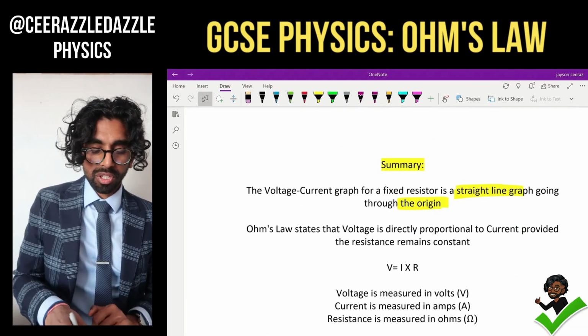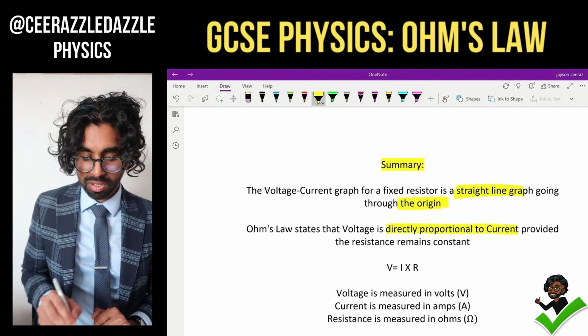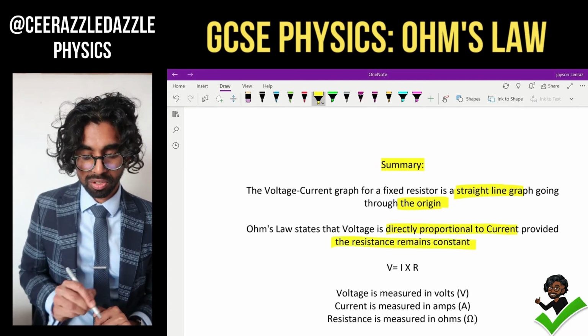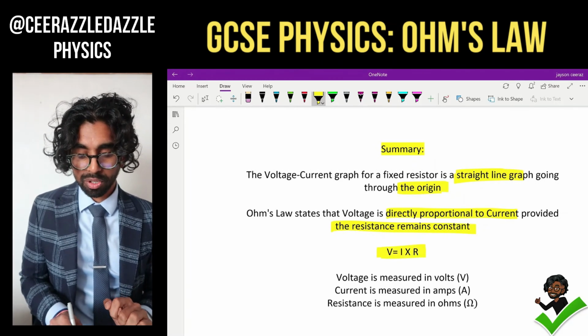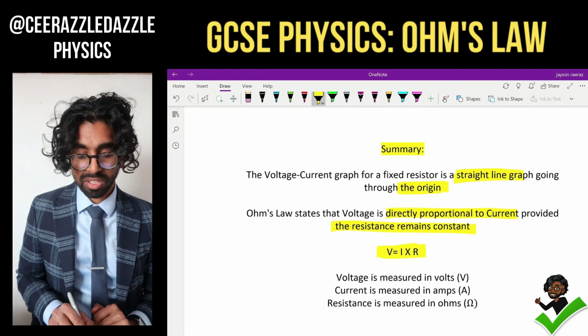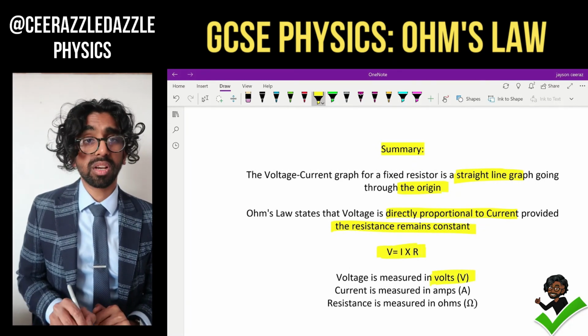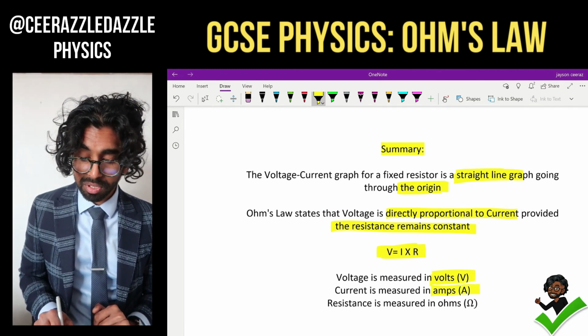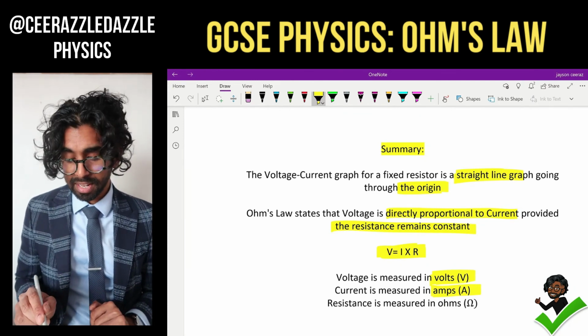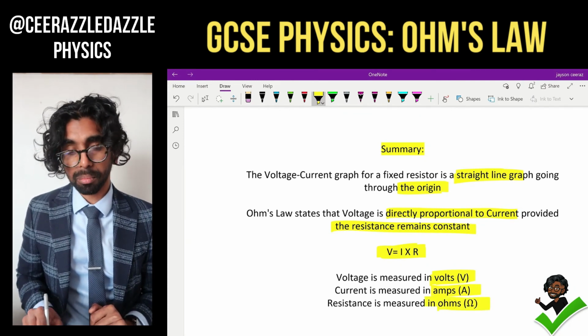Ohm's law states that voltage is directly proportional to current, provided the resistance remains constant. We also know that V is equal to I multiplied by R, where V is the voltage measured in volts. Current is represented by I, and that's measured in amps, capital A. Resistance is represented by R, and that's measured in ohms with the symbol omega.